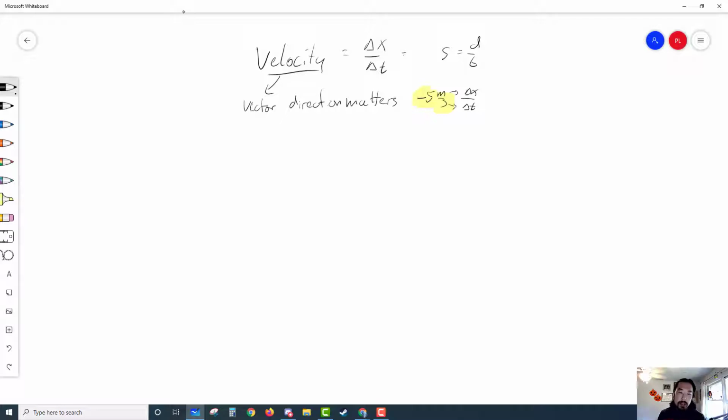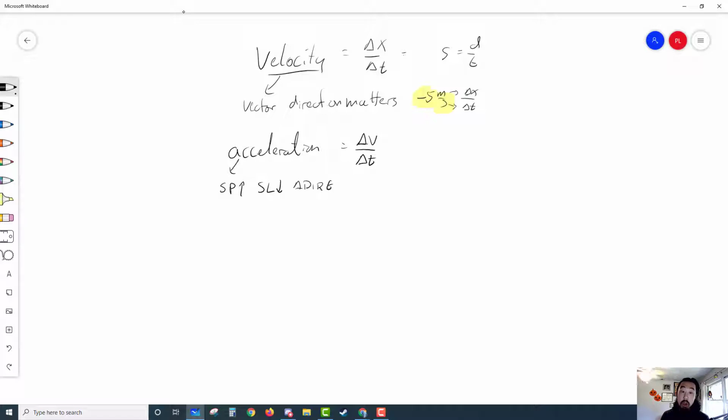That leads us to acceleration. Now, acceleration, we had the equation to be the change in velocity over the change in time. Acceleration is the change in velocity, so we can either speed up, slow down, or change our direction.